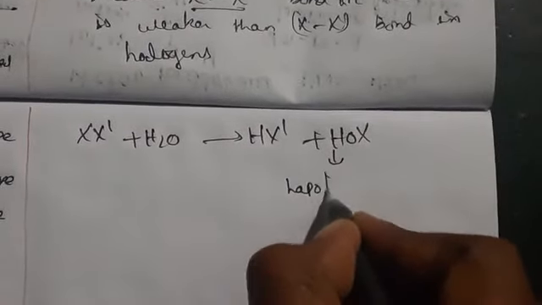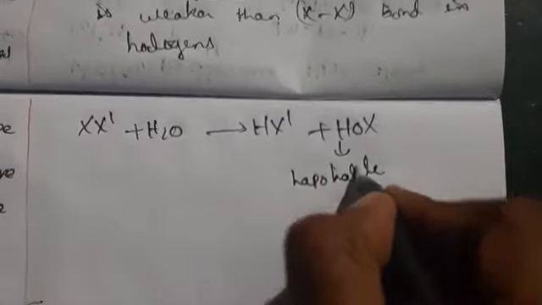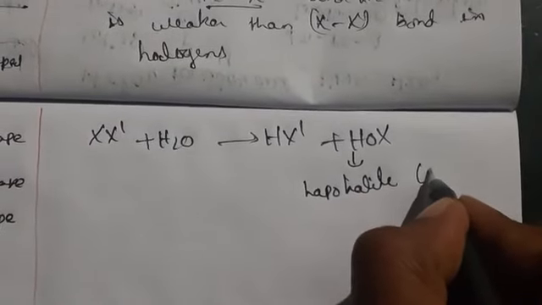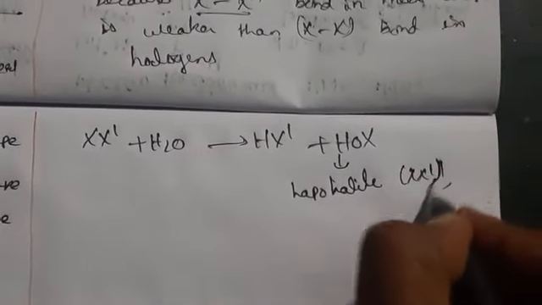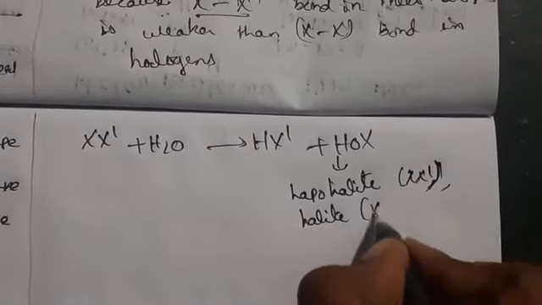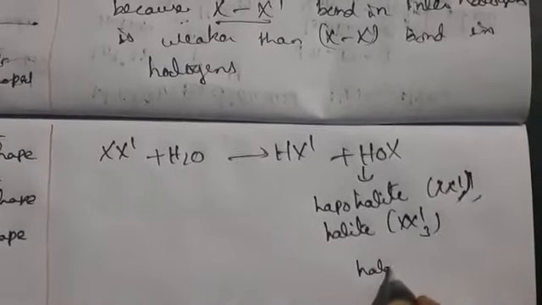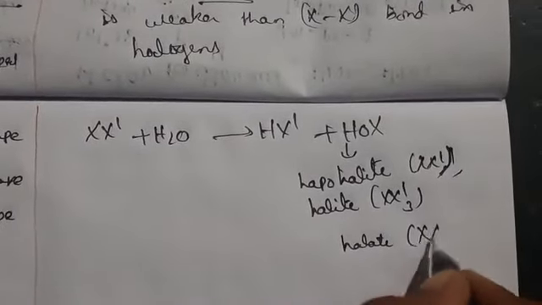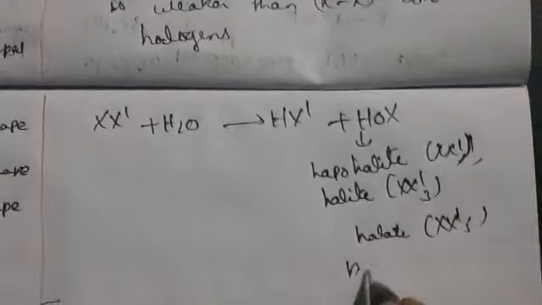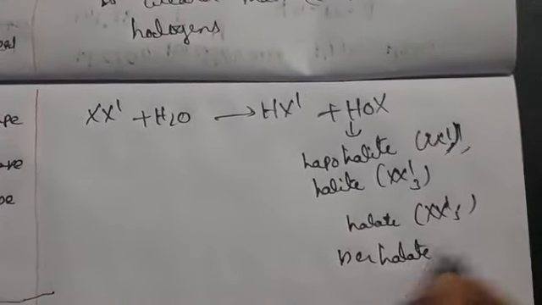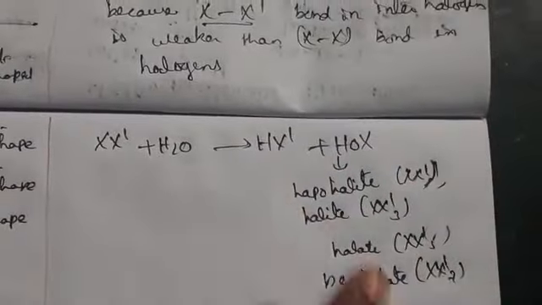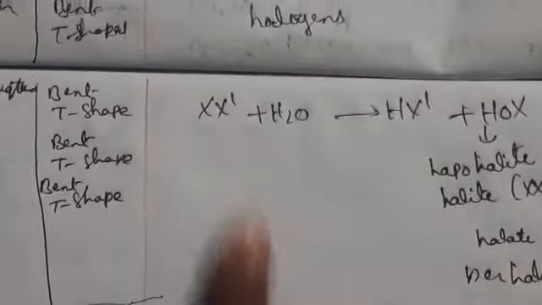It may be a hypohalite, XO-, or a halite, XO2-, or a halate, XO3-, or a perhalate, XO4-. So when you treat with water, it forms anions.